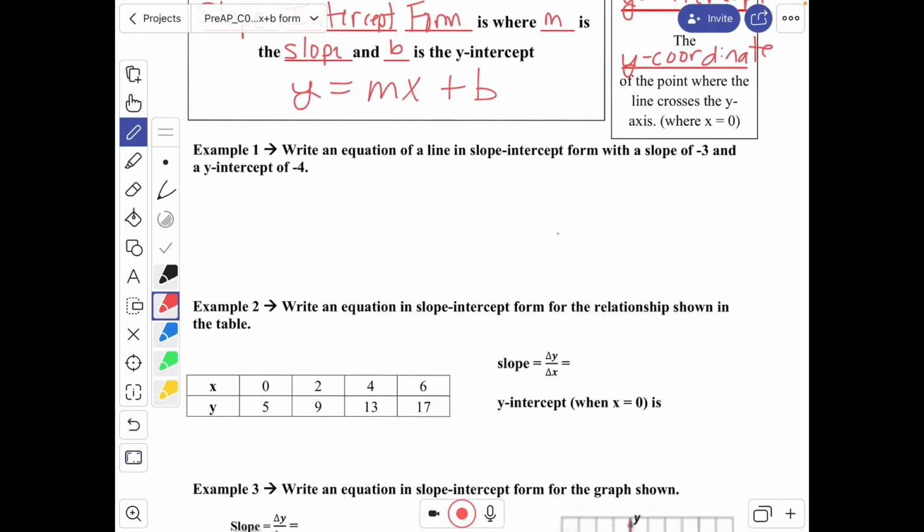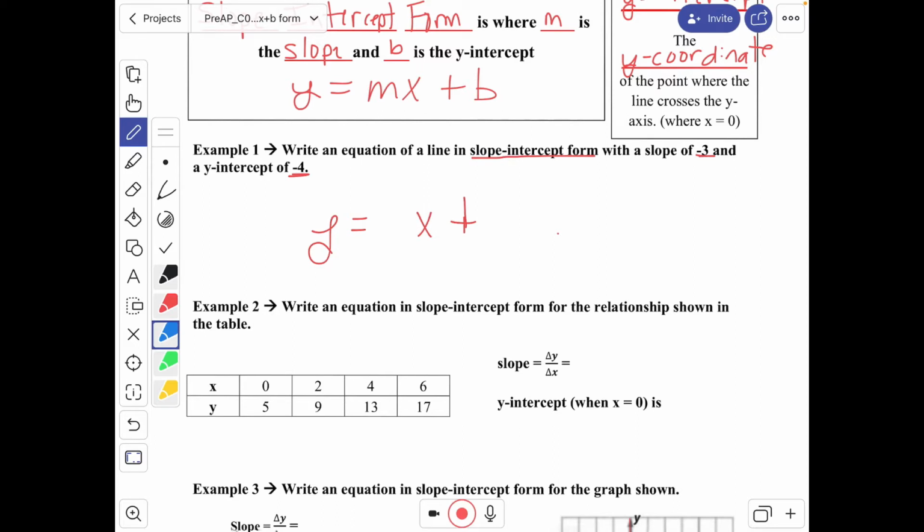So for example 1, we're going to write an equation of a line in slope-intercept form with a slope of -3 and a y-intercept of -4. So y equals something times x plus something.